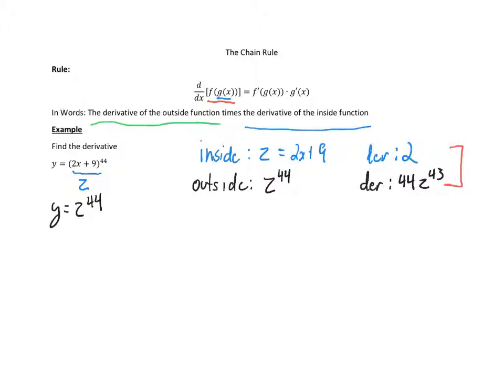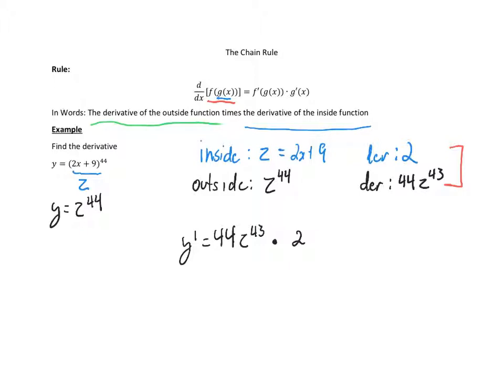The final answer, the derivative, is the product of the outside times the inside derivatives. So I would say y prime equals the derivative of the outside, 44z to the 43rd, times the derivative of the inside, which was 2.